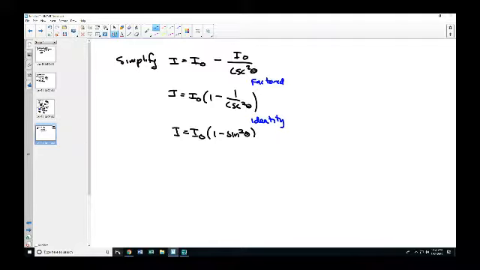Are we done? No. Is it 1 minus sine squared? That's a Pythagorean identity. Okay, look at your notes. Again, you can use your resources here. What did we write down for the Pythagorean identities yesterday?